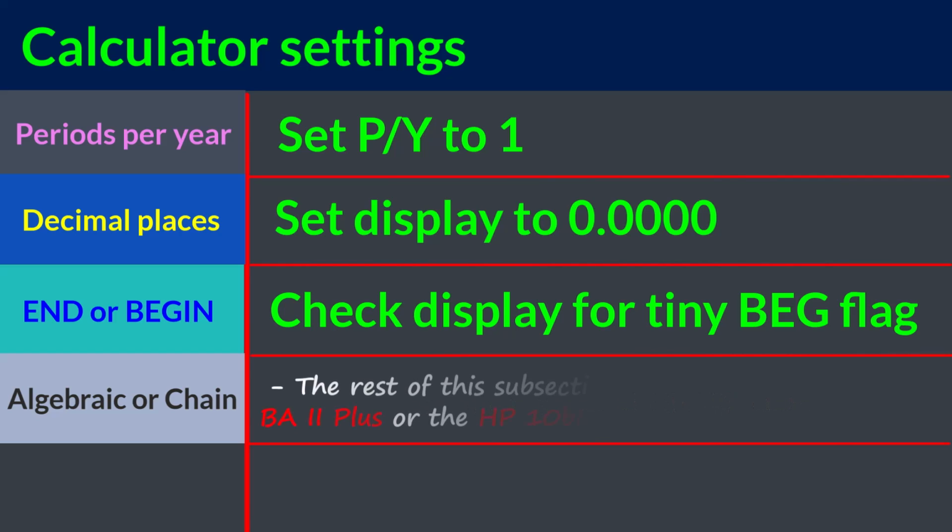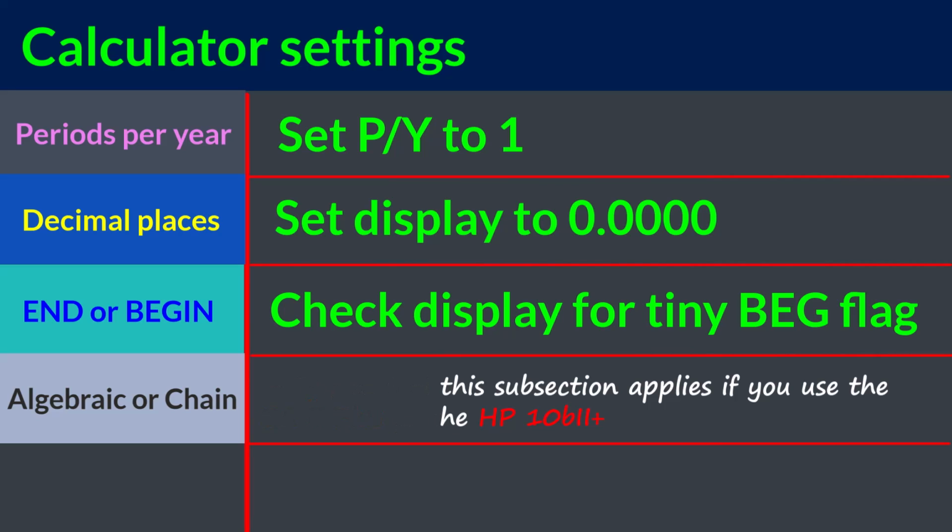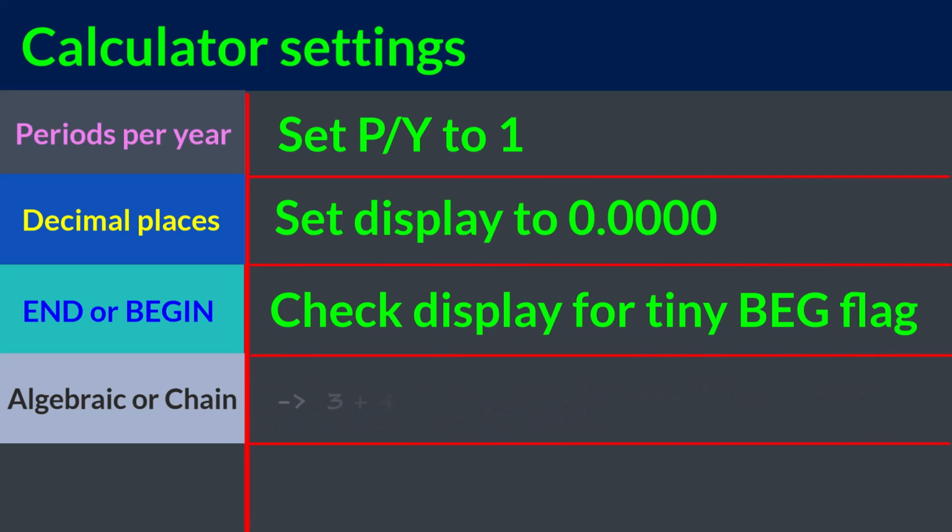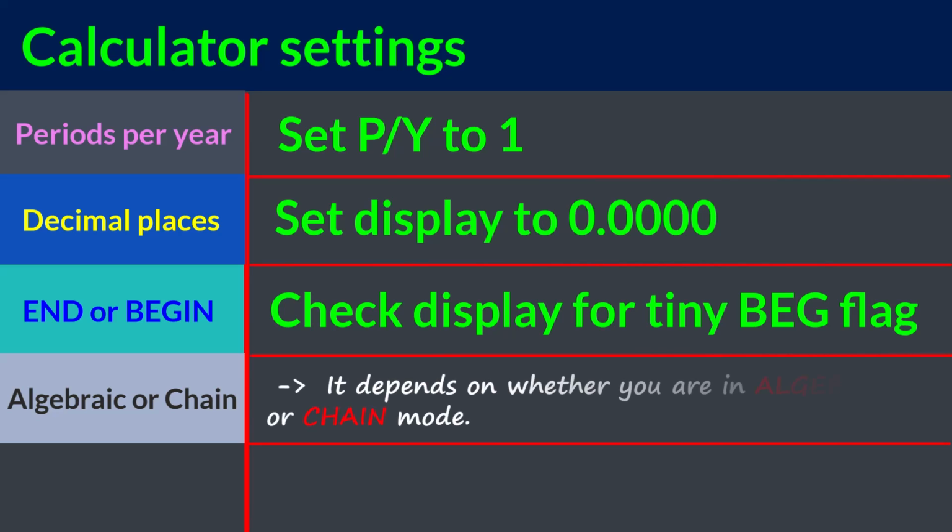If you have either the BA2 Plus or the HP10b, try this. 3 plus 4 times 5 equals what? Your calculator result will either be 23 or 35. If this is not what you expected, you need to check the algebraic or chain mode setting of your calculator and change it to your preferred arithmetic approach.